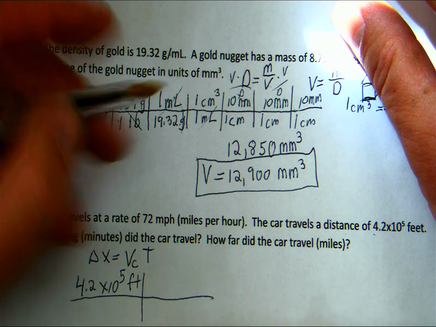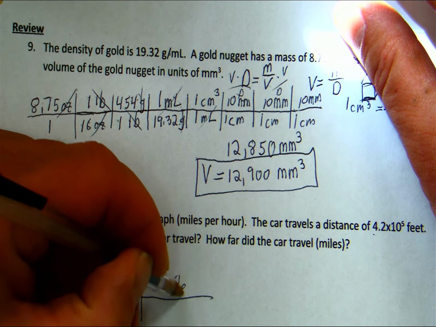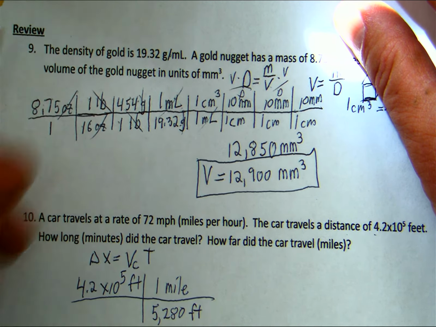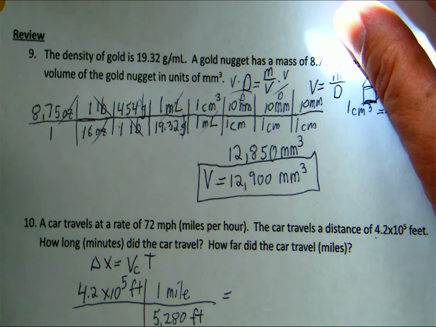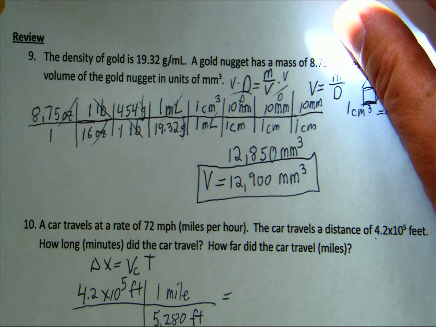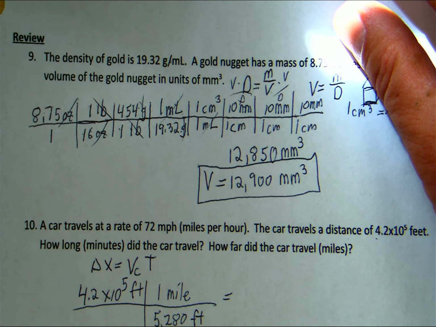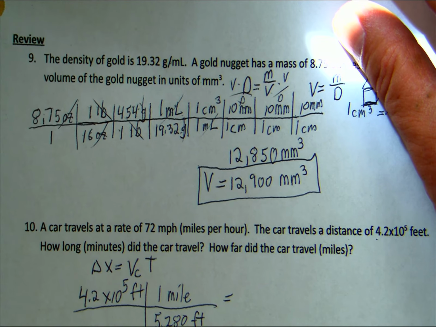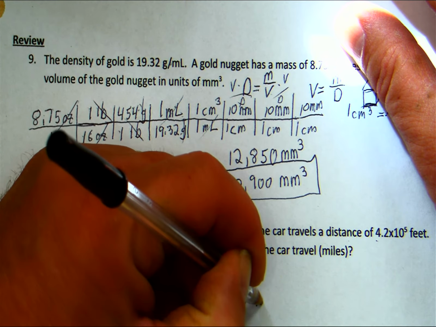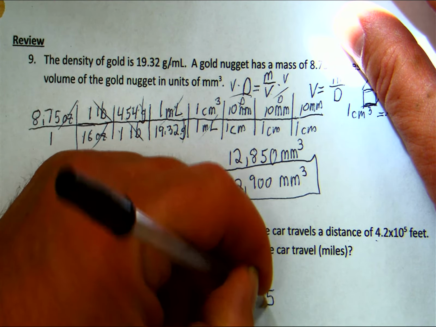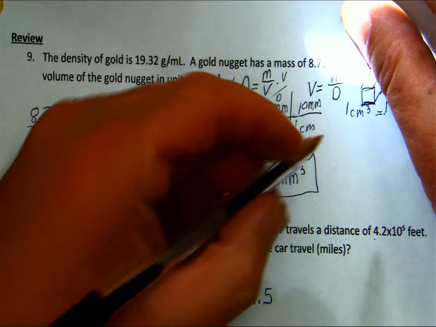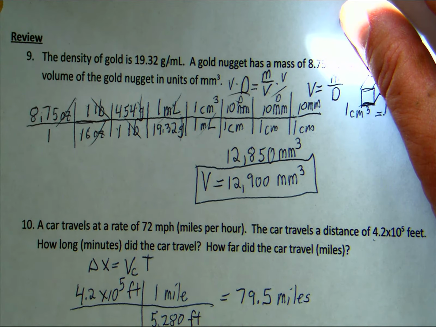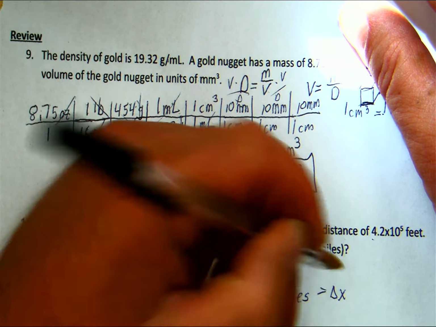The conversion is that 1 mile corresponds to 5,280 feet, which you would get from a reference sheet. So 4.2 times 10 to the fifth power divided by 5280 is 79.54545454 miles. So that's the distance traveled.